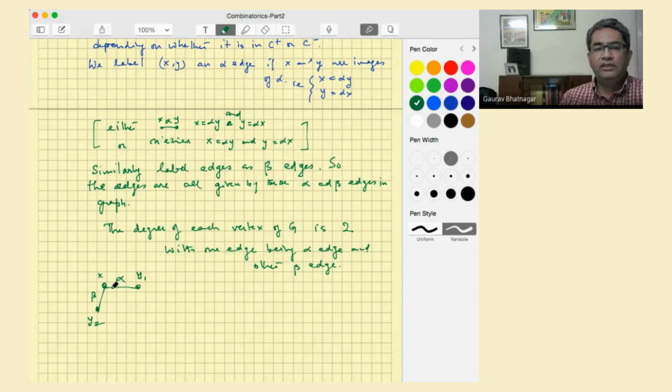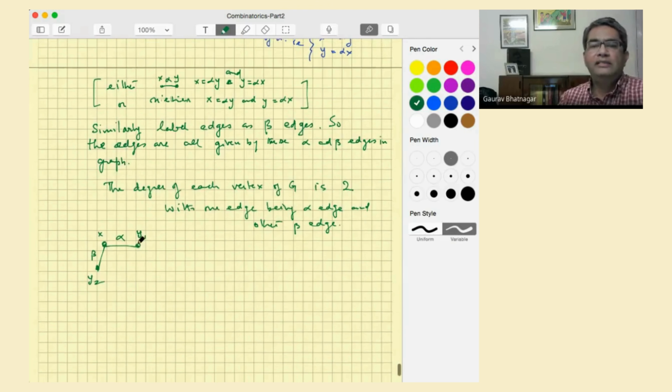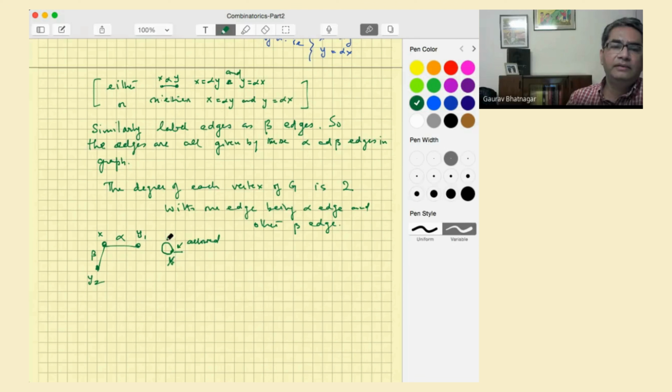So degree is 2. That's the point. Only edges are basically ones which are alpha or beta edges. Fixed points, for example, are also allowed.